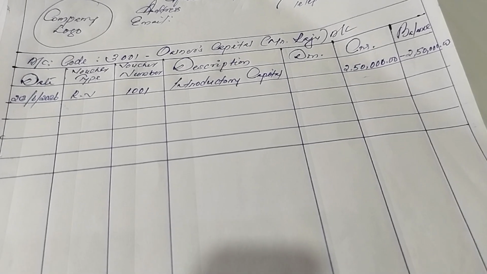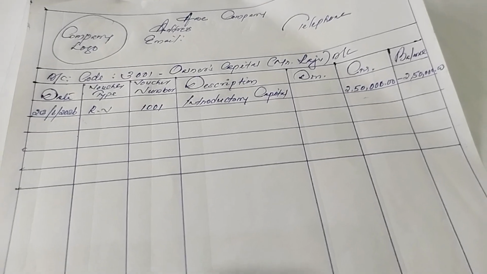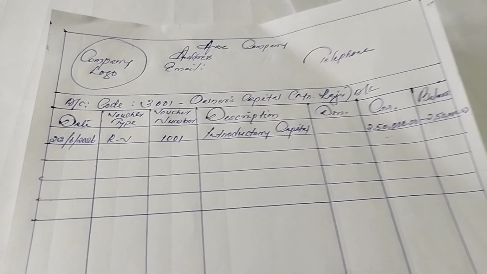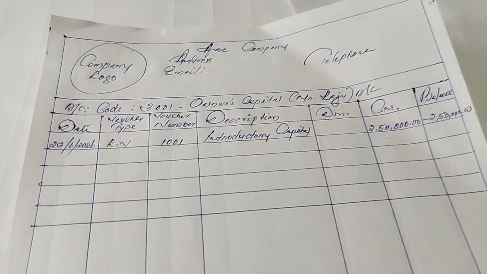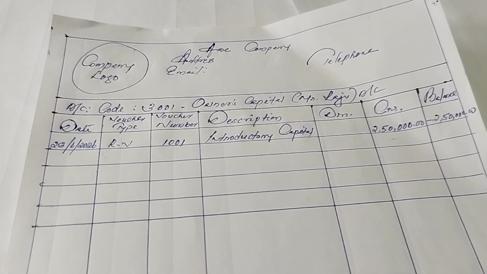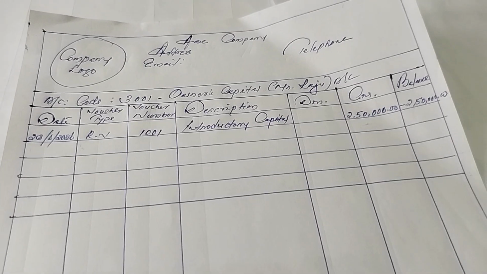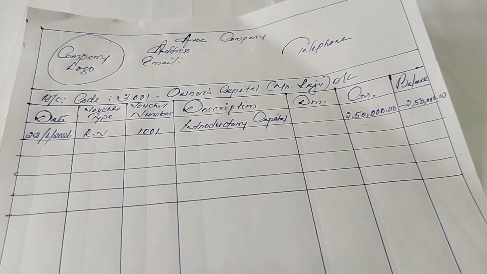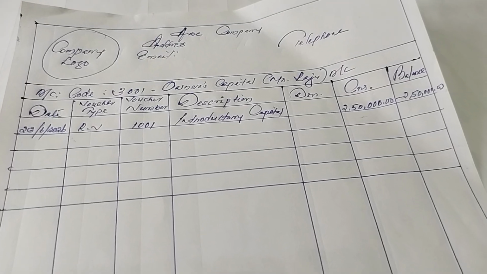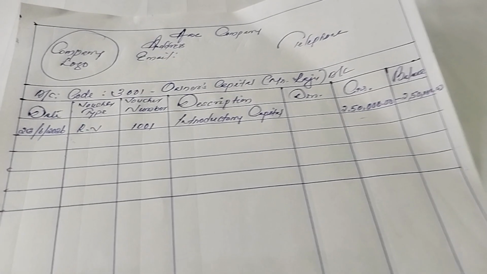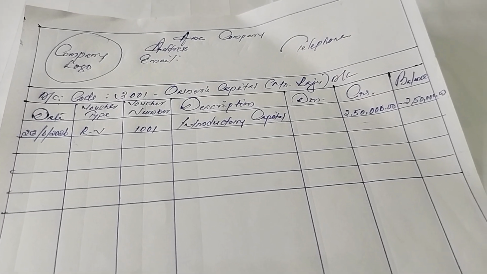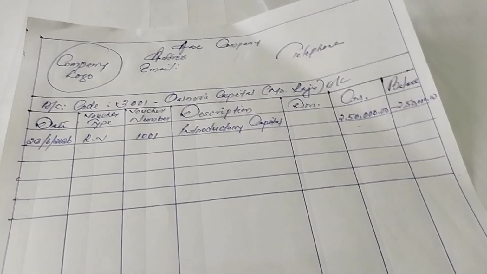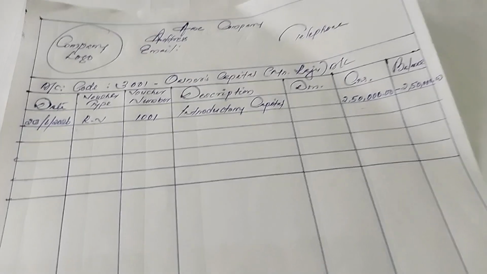Then 5001 to 6000 we are keeping for liability ledgers also. We will study these things in a detailed way later on. Understand? So the accounting code is very important. Seeing the accounting code itself, the classification of the ledger is easily understood. That's why the accounting code is important.